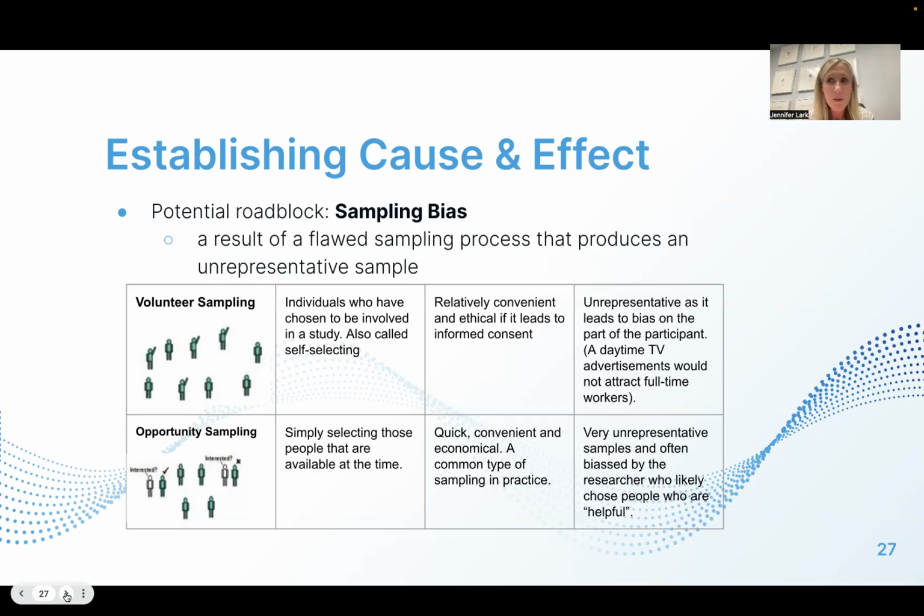That might not be the best result because something about the people who volunteered to participate might make them fundamentally different than the population we're trying to refer back to. Opportunity sampling is literally just picking people around you, whether they kind of want to do the experiment or not, but they're just around and they're kind of willing to do it. And so you choose them because they're quick and economical. That's not always the best either.